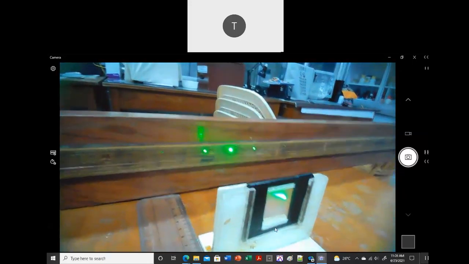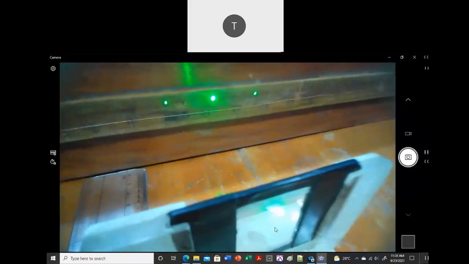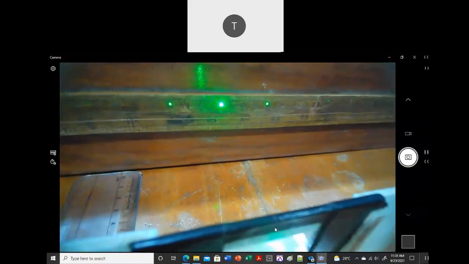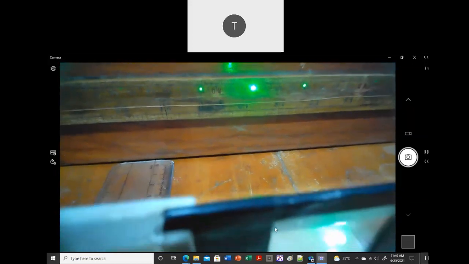So you can see the first spot and the second spot, and then there is the same thing on the other side. Now we will take the reading for x2. For x2, you take the readings from the scale. You can see this is somewhere in between 50 and 51.